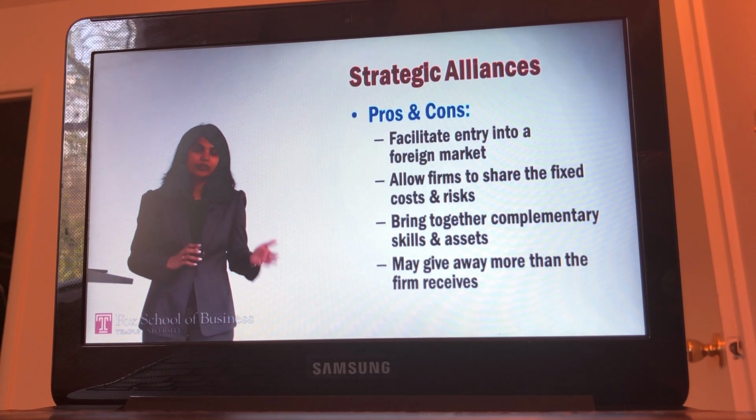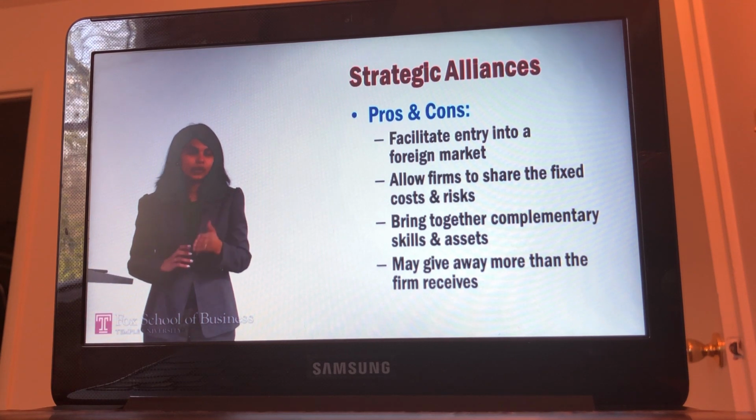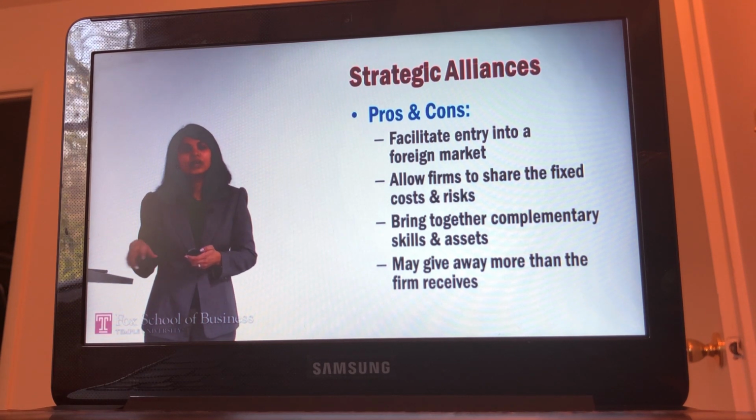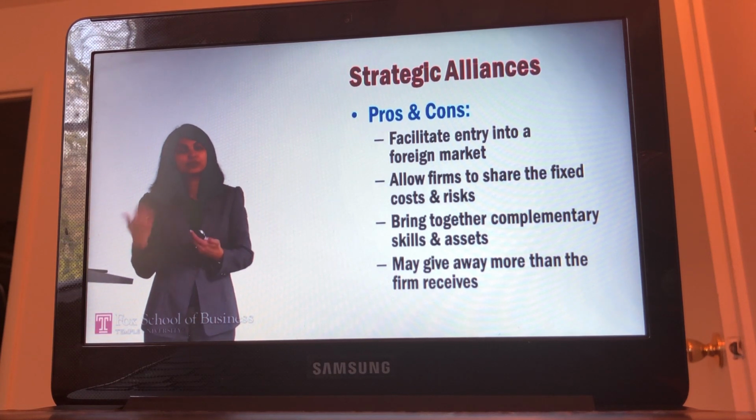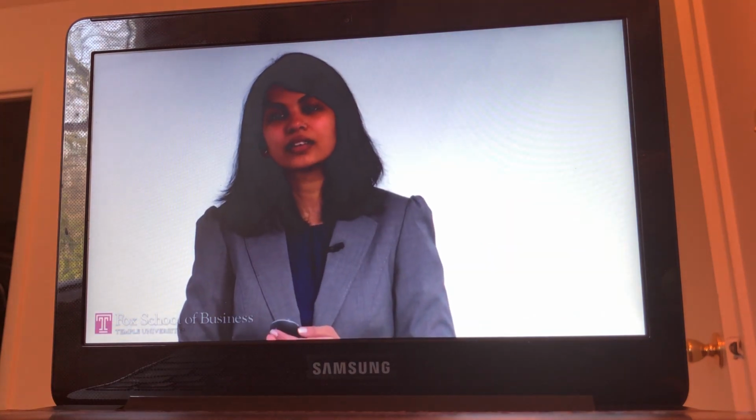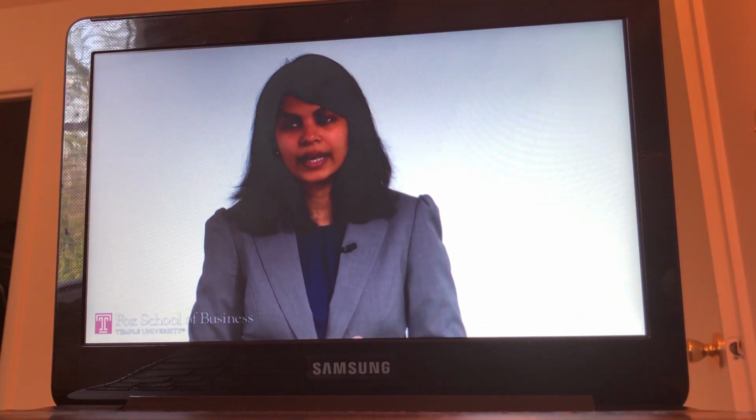So they formed a joint venture with two Chinese firms, which facilitated their entry into the Chinese market and helped Warner Brothers distribute its content there.